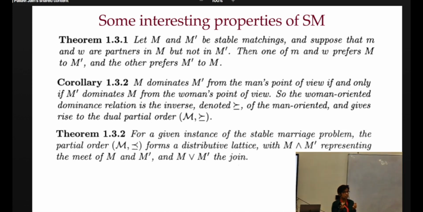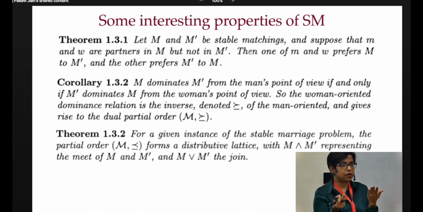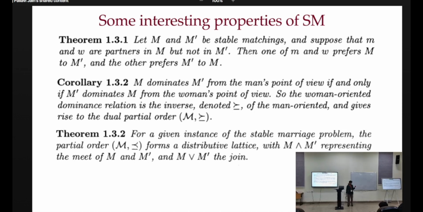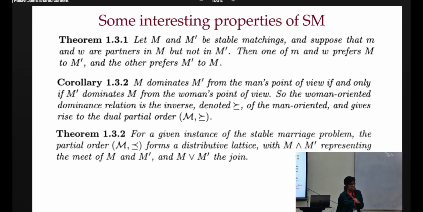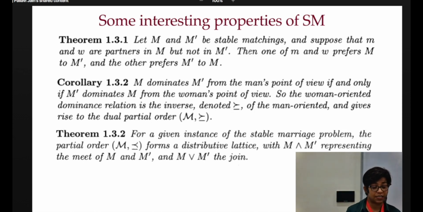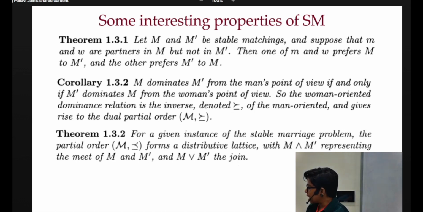If I look at the preferences of every man and compare mu and mu prime, it's not always the case that every man has at least as good a partner in mu as he does in mu prime. If that is the case, then we say mu dominates mu prime. Otherwise, we say they are incomparable.